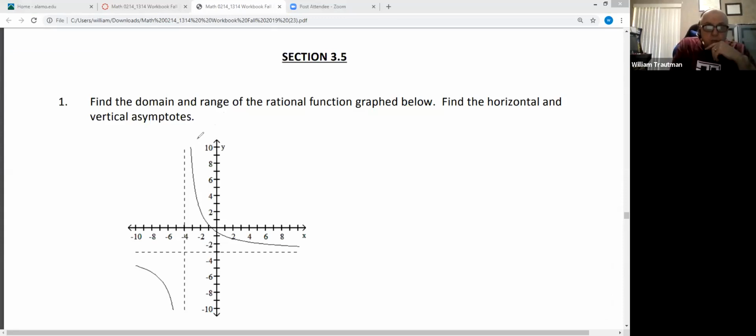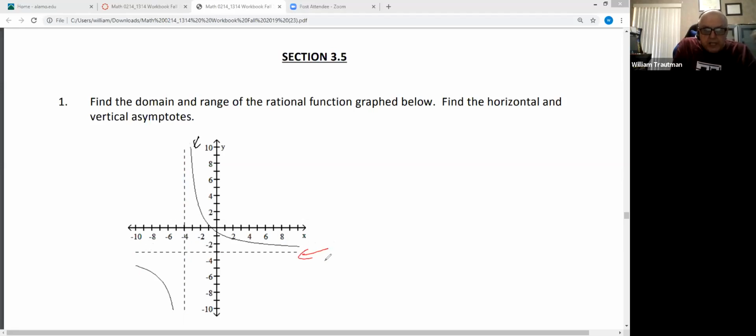By the way, the graph is the dark line here. These dashed lines right here and right here are invisible. They're meant to be invisible. Those dashed lines are called asymptotes.